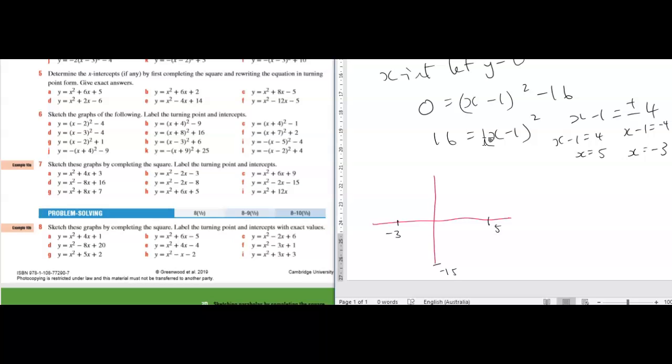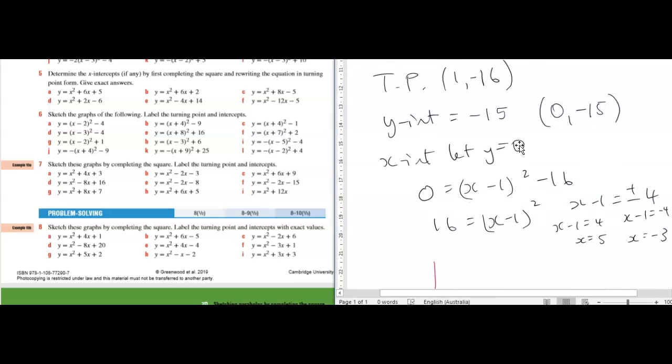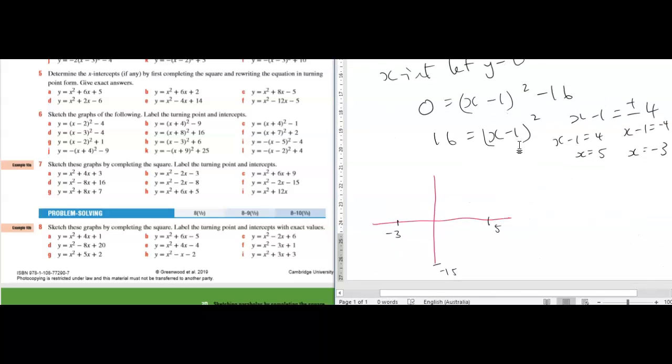And your turning point is at -16, with a point just above it, -15. That's not to scale at all, girls, but we're just sketching now.